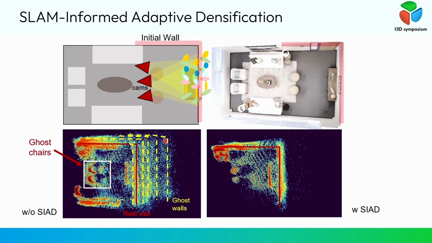This image shows that after we did the SLAM-informed adaptive densification, the points are perfectly gathering and densifying near the walls that are real walls, instead of having a lot of ghost walls.